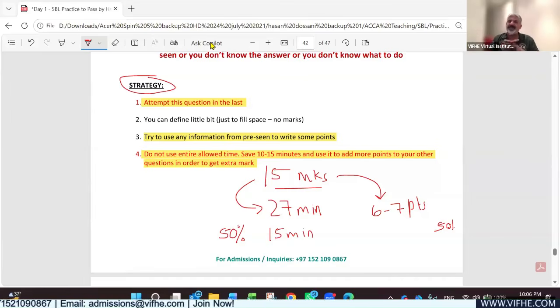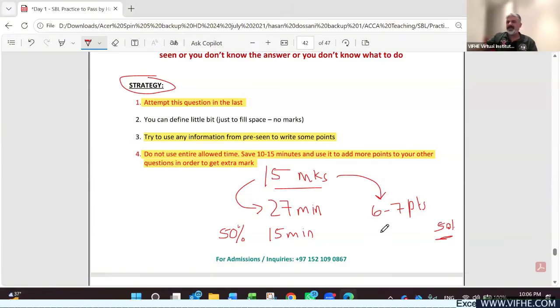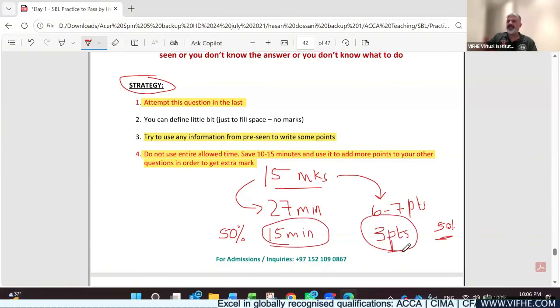Exactly. Why should I waste my time on something which I don't know? And what is 50% of the points? Instead of giving 6 to 7 points, I will just give 3 points. So I will spend 15 minutes and just try to come up with 3 points.